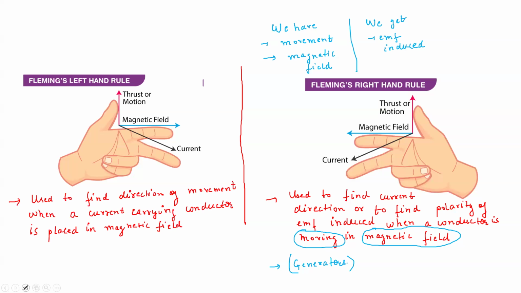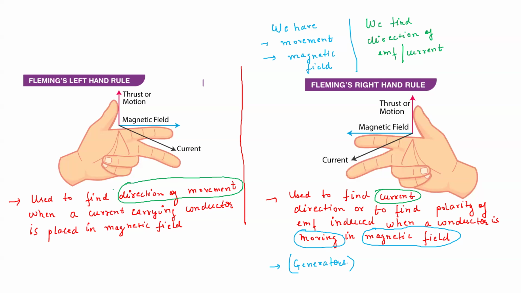Let me write this with another color. So here we know the direction of EMF slash current, and we find the direction of movement. In the right hand rule, we find the current direction.